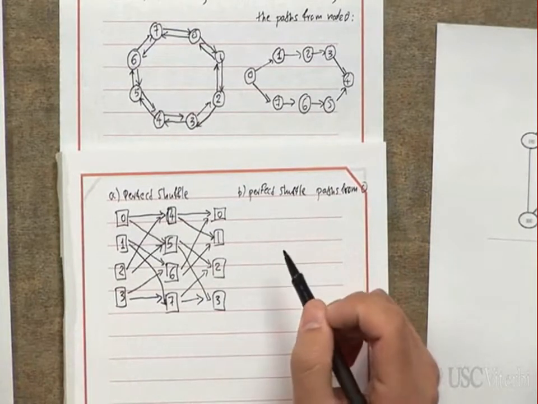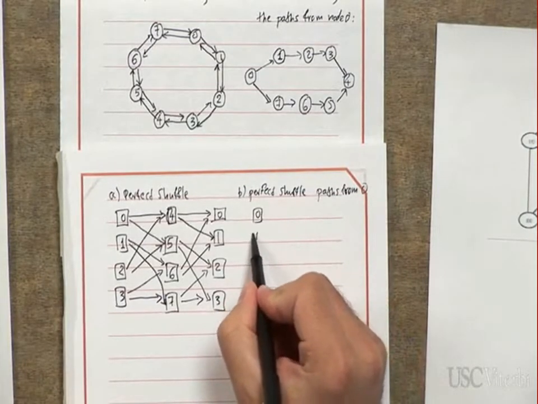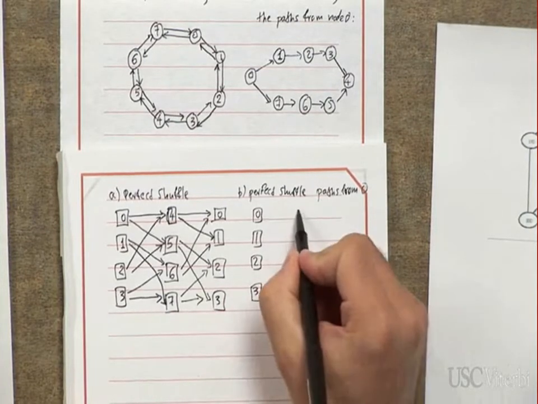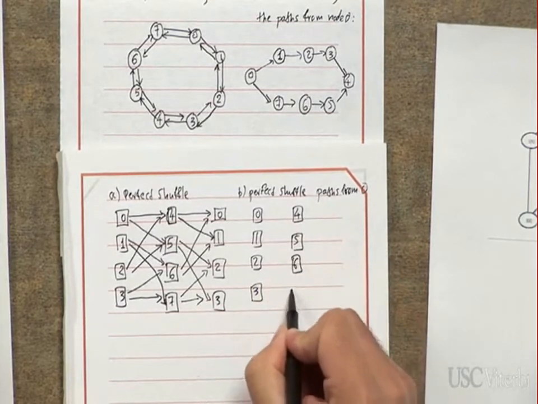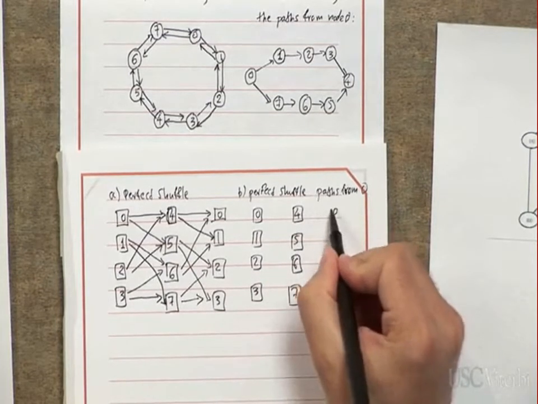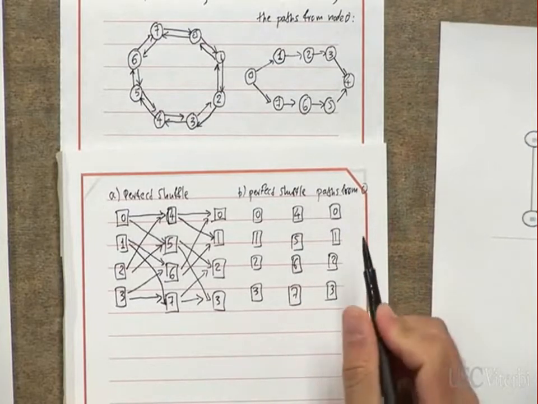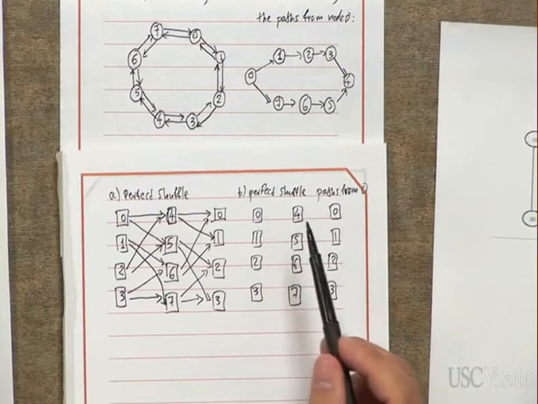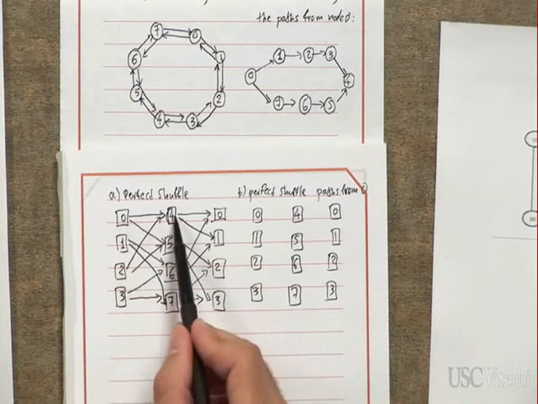So in this particular case, we need to draw the same thing: 4, 5, 6, 7, 0, 1. Okay, from 0 to 1, we have this path, 0, 4, 1.